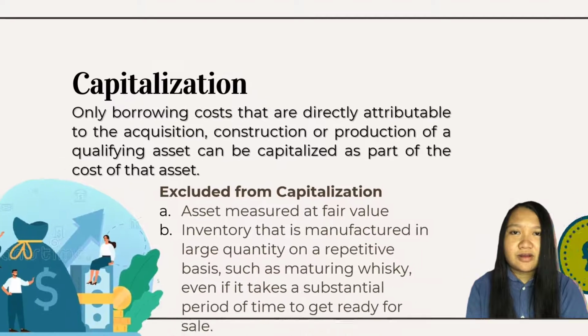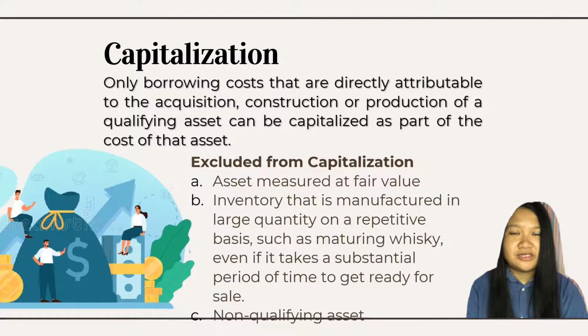So, let's talk about the excluded from capitalization. The first one is asset measured at fair value, like biological asset and investment property. So as long as it is measured at fair value, it is excluded from capitalization. Inventory that is manufactured in large quantity on a repetitive basis, such as maturing whiskey, even if it takes a substantial period of time to get ready for sale.